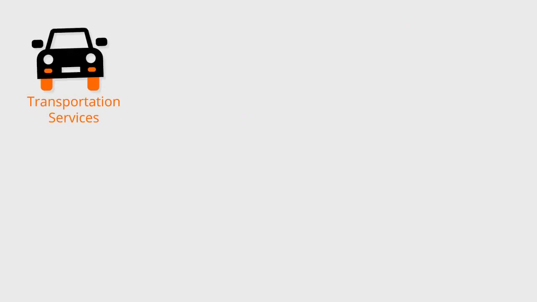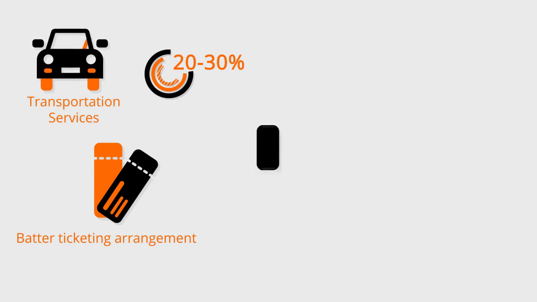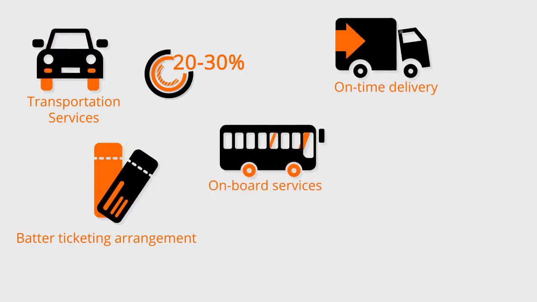One company that provides transportation services discovered that customers are willing to pay 20 to 30% more provided that they receive a better service. A better service meant better ticketing arrangements, onboard services, stopover services, and on-time delivery. The company coach fleet consists of modern vehicles.